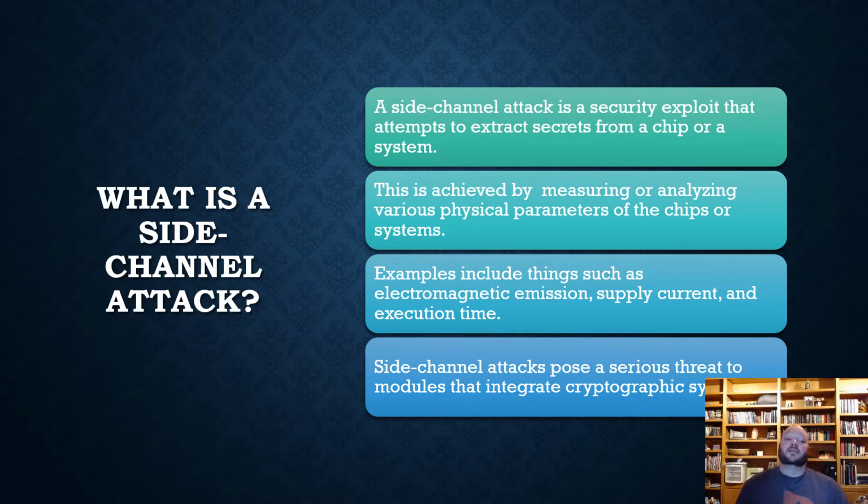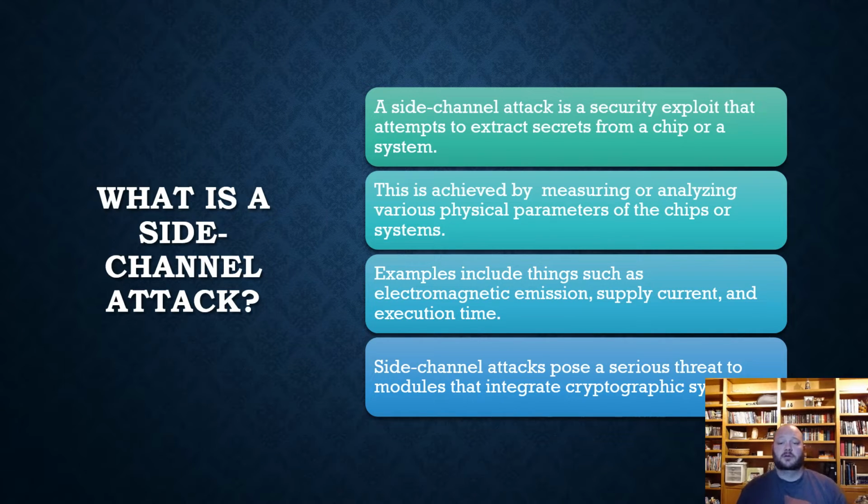So what is a side channel attack? A side channel attack is a security exploit that attempts to extract secrets or data from a chip or a system. This is achieved by measuring or analyzing various physical parameters of the chips or systems.